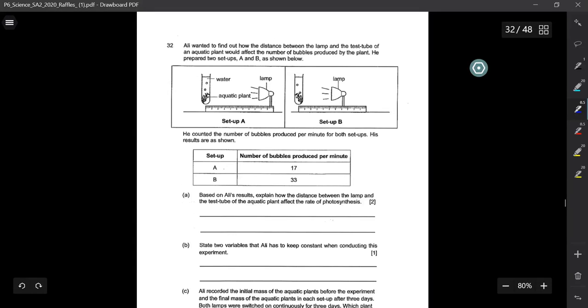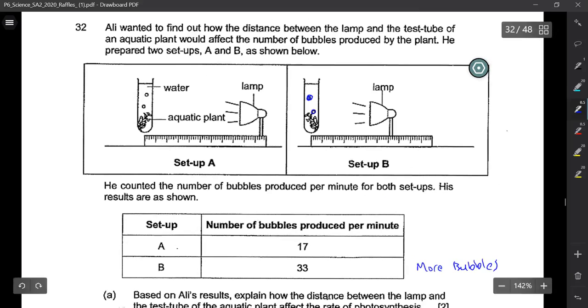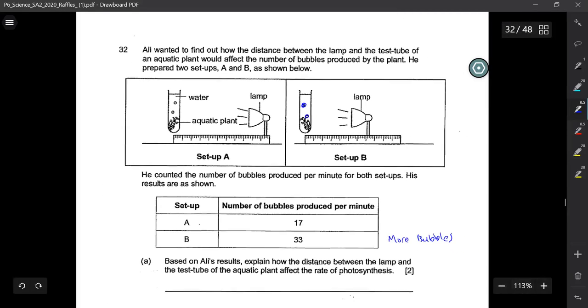Alright, so from what we can see, B produces more bubbles, right? So more bubbles here. And okay, so in the diagram, instead of B, there's only 1 bubble here. Oh, actually, there's 2 bubbles. Never mind. I think there's 2 bubbles. So they have the equal number of bubbles.